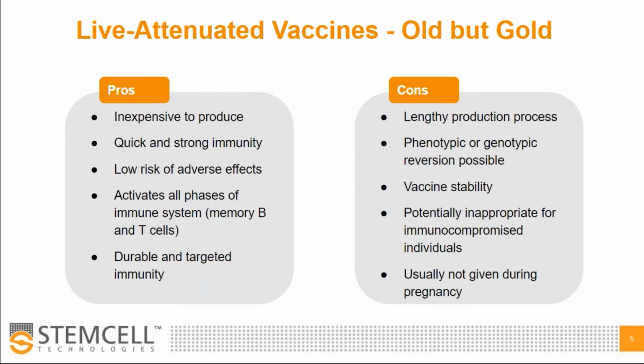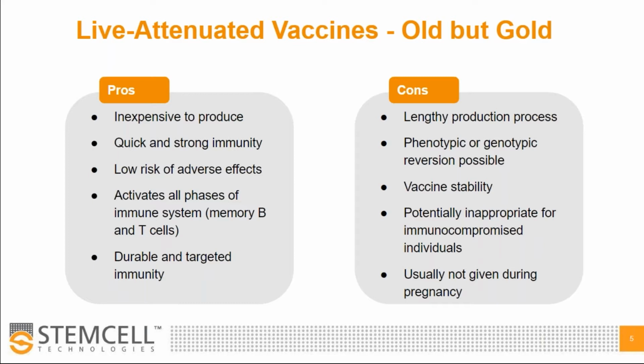There is a fairly low risk of adverse effects, and as I just mentioned, they can activate all phases of the immune system, the cell as well as the antibody-mediated immune responses. They are also very good at eliciting a long-lived and targeted immunity.